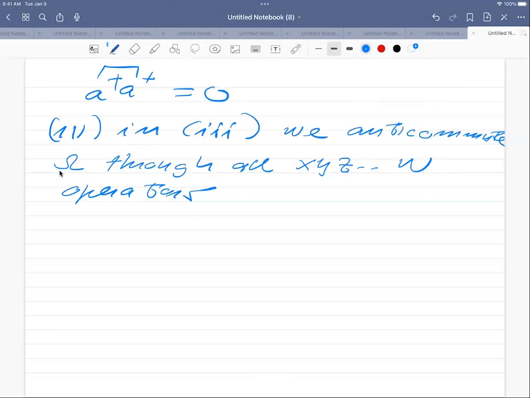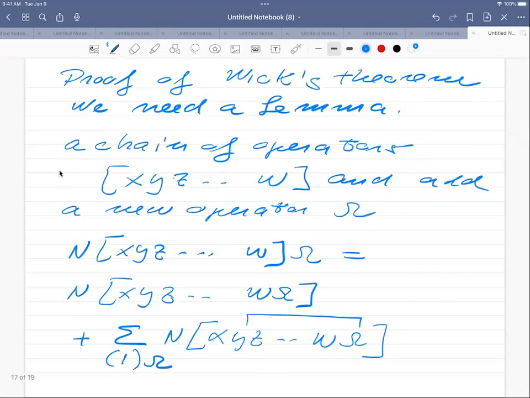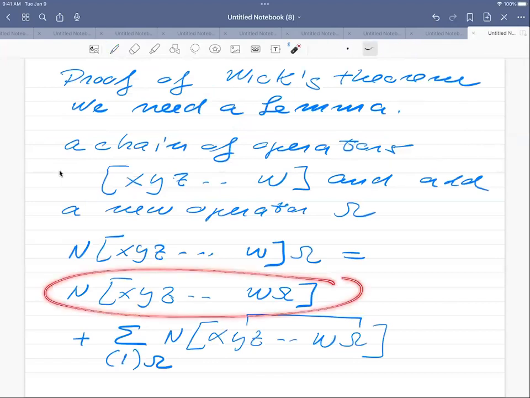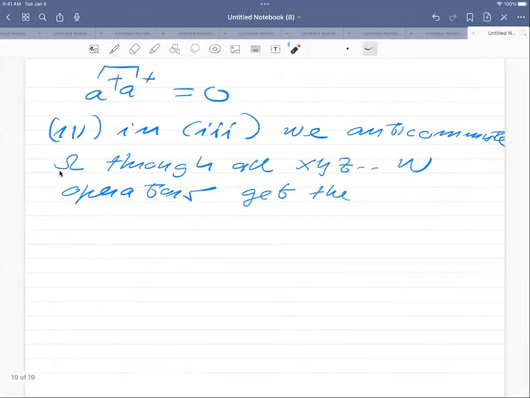So that means that at the end, if we do that, we would get the first term in this expression which we have here. So the term which you see here, this specific term, if we anti-commute it, you would just get the first term in that case.